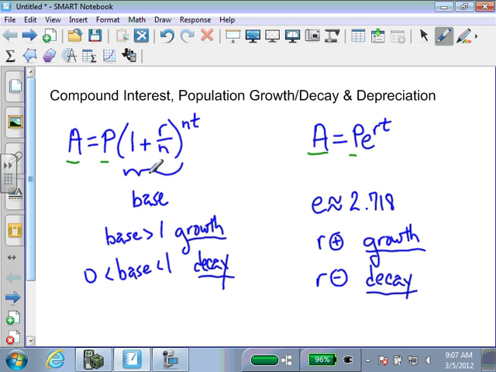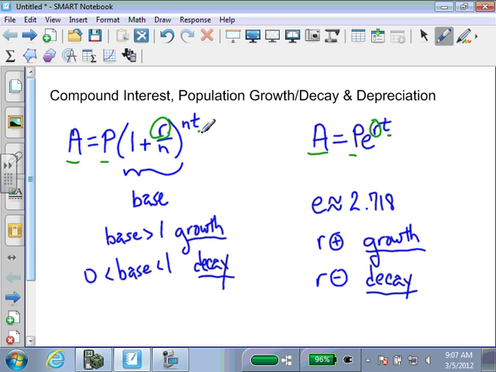1 is obviously 1. R is the rate. So in both of them, R is the rate. Notice that the rate appears as part of the base in this formula, and it appears as part of the exponent in that formula. T is time, which we often mark in years.